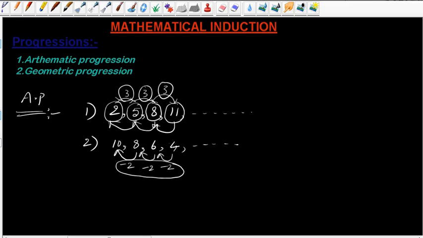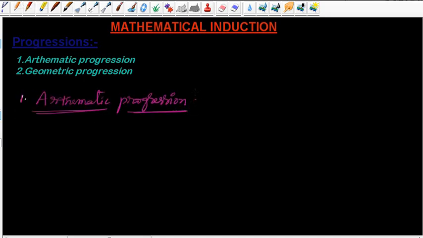Such progressions are examples of arithmetic progression. That means in an arithmetic progression, a term after a term is obtained by adding a constant value to its preceding term. That constant value is called the common difference. In the first example, the common difference is 3. In the second example, the common difference is minus 2.